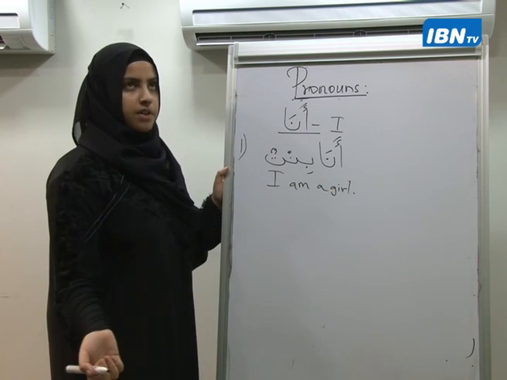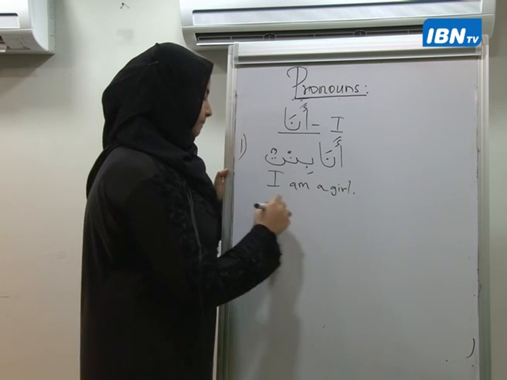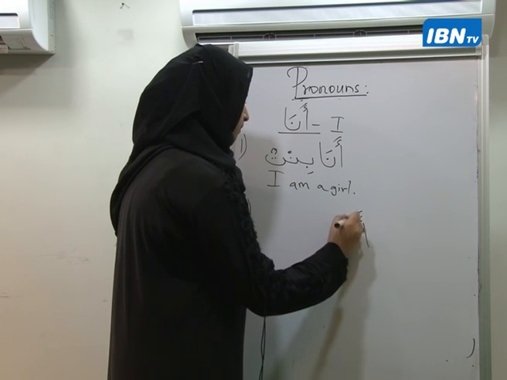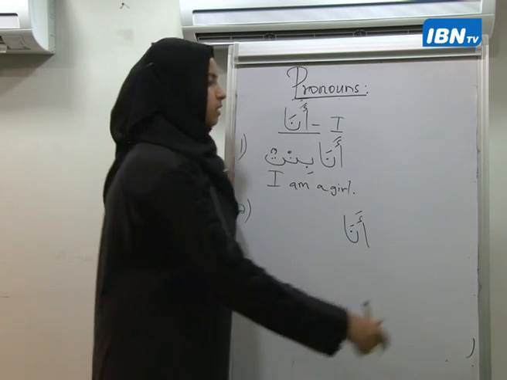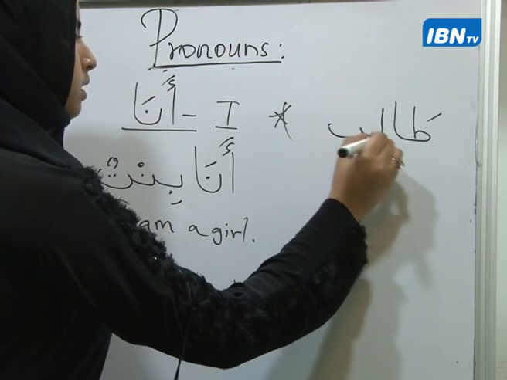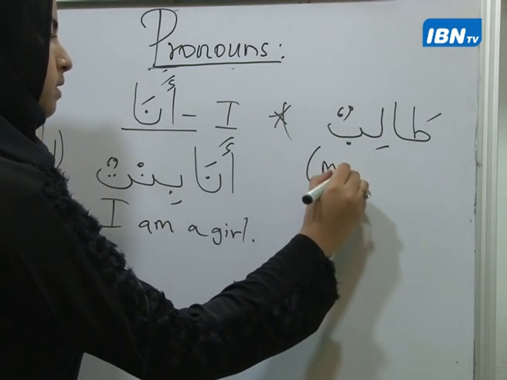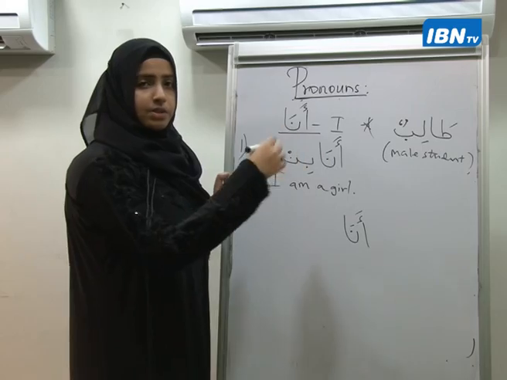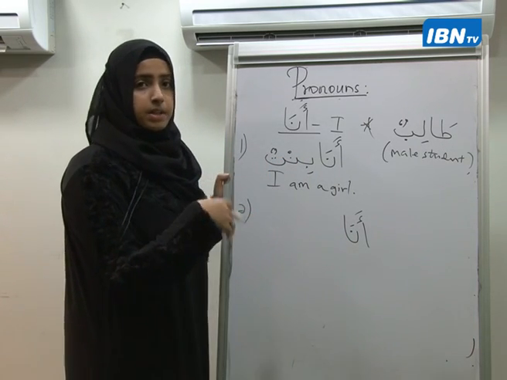Okay. Another sentence, what if I want to say, for example, ana twalibatun. We said twalibun. Just to know, twalibun, we'll be doing professions. Twalibun means male student. Okay. Now, if I want to change this male student into a female student, I will just add a ta marbuta, because we said ta marbuta denotes feminine.